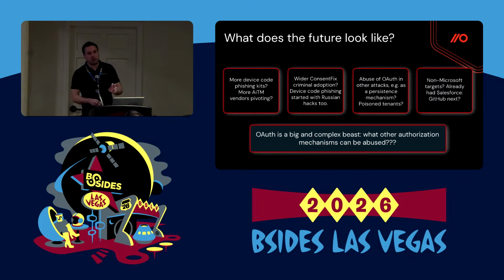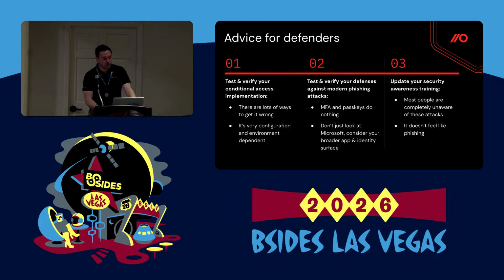But I think we might see more of that there, because that's at the authorization layer too. And generally, I think we will see more non-Microsoft targets here. Like device code phishing in the past has actually been used against Salesforce. Maybe GitHub will be next. I don't know. I think just in general, everything tends to start on Microsoft, and then it starts moving its way out to other vendors too. So I think they are kind of my general predictions for the future.